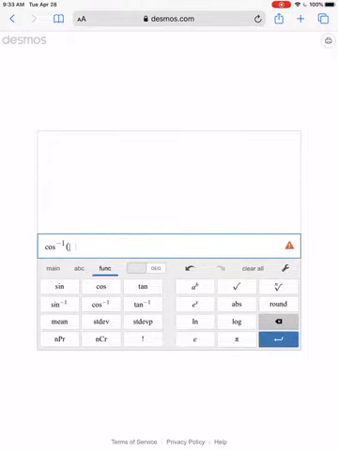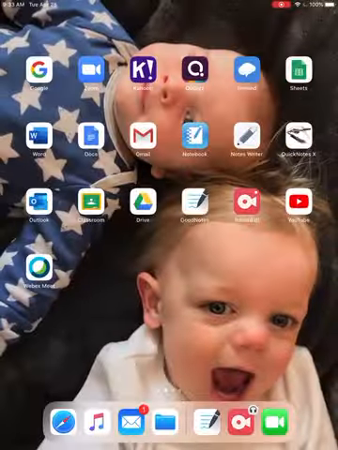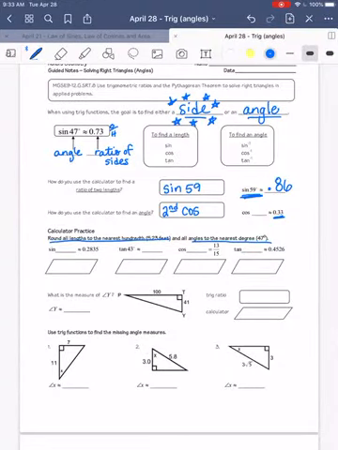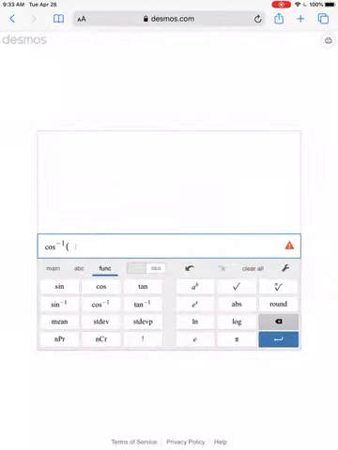All right, so you see how it has a little -1? That tells you it's the inverse, which means we're going to find an angle. So you should have this. And then we have to type in what the approximation is, so 0.33. All right, so let's type that in.